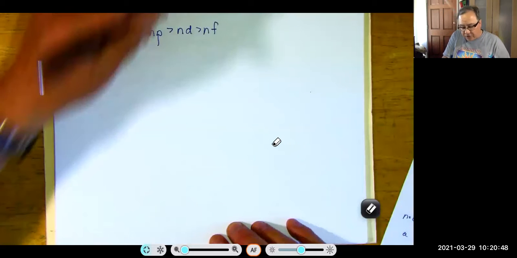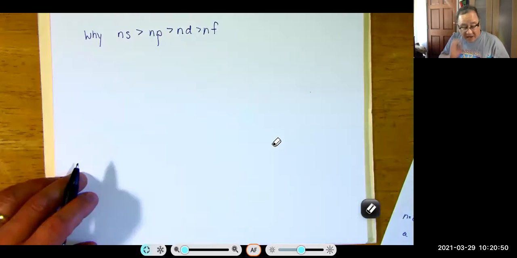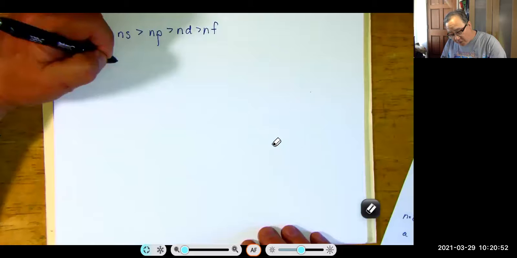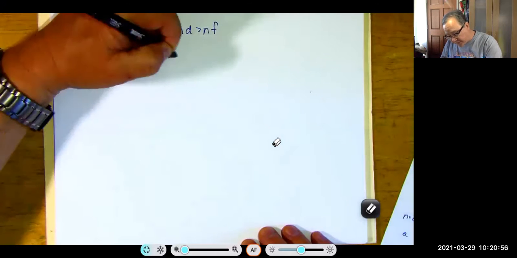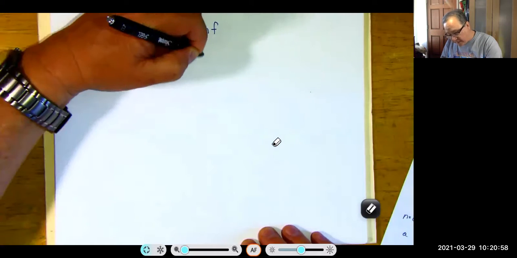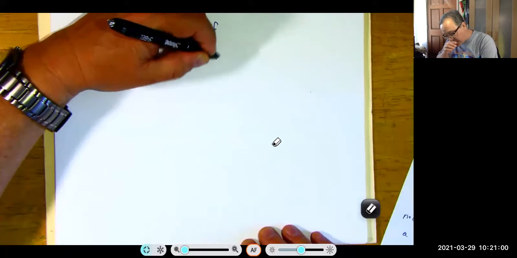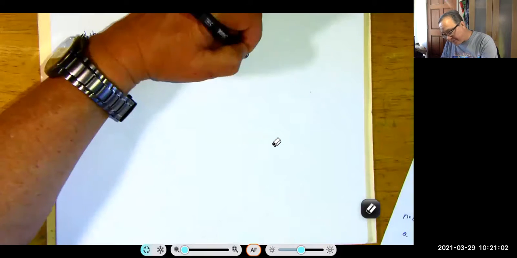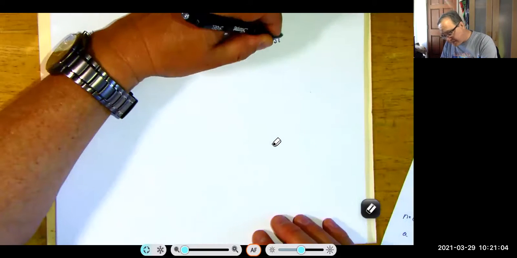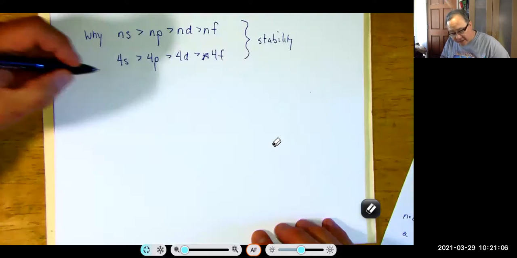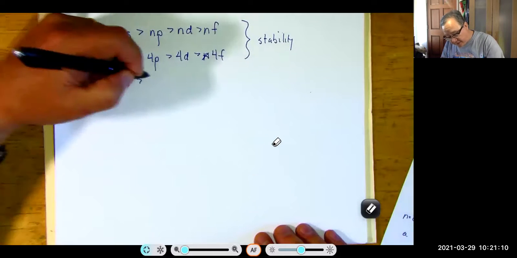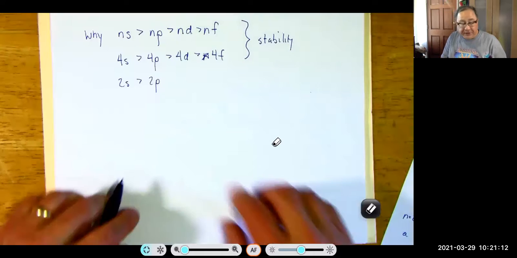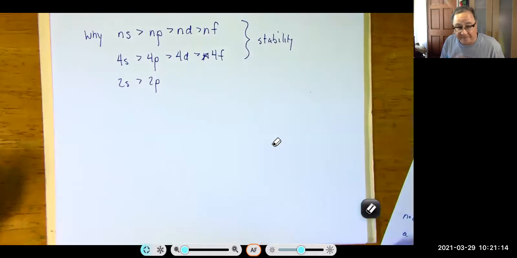So if we go to the fourth shell, a 4s is more stable than a 4p, is more stable than a 4d, is more stable than a 4f. So here we're talking stability. When we look at the second shell, 2s is more stable than a 2p. There's no such thing as a 2d, so we don't have to include that.